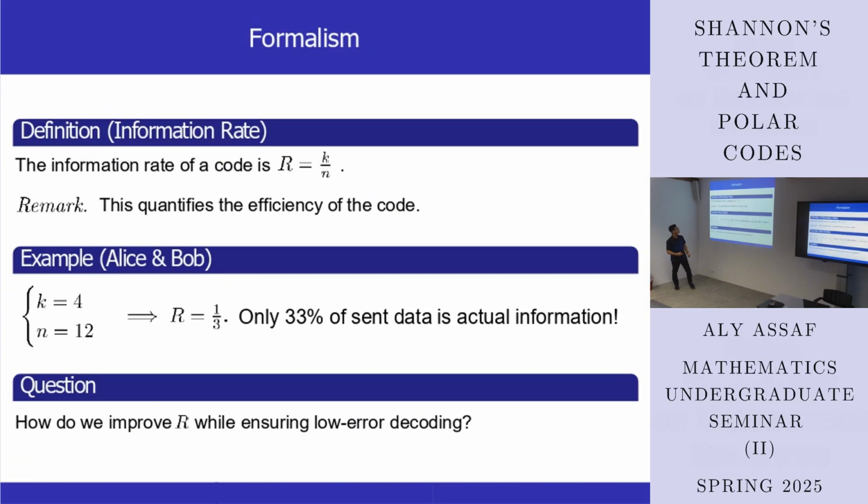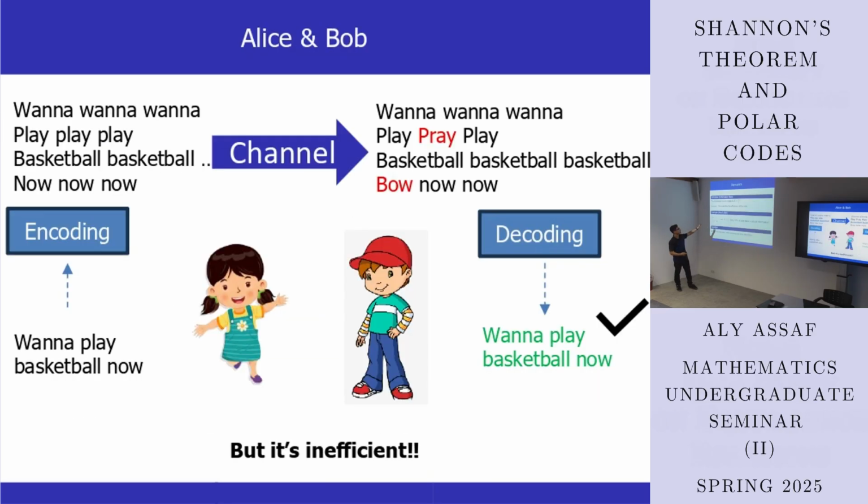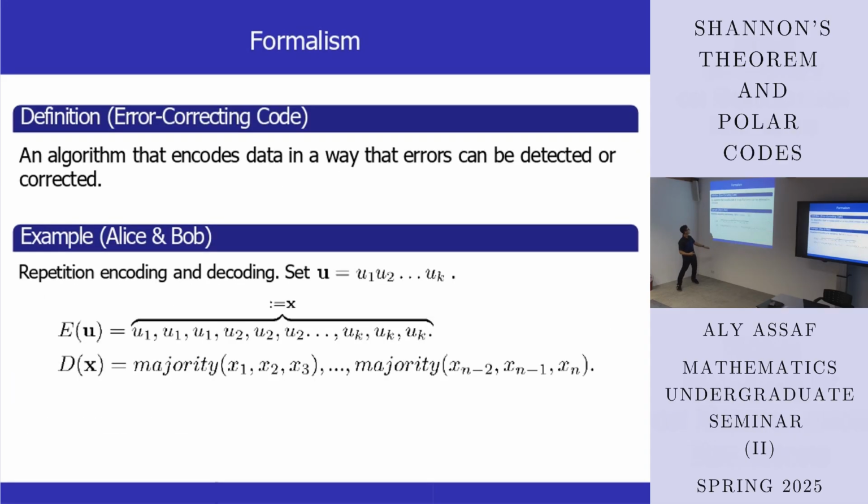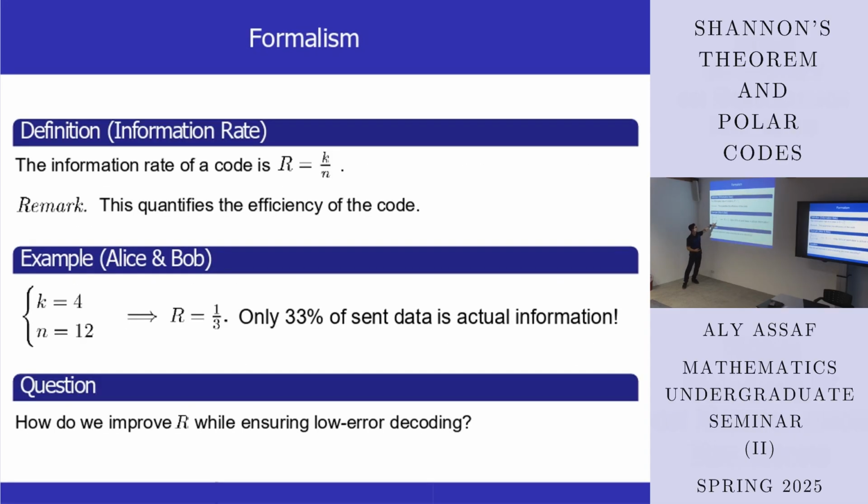So the information rate is a measure of a coding scheme of how much of this message that I'm sending through the channel is actual useful information and how much of it is redundancy, because in here we repeated it several times. So in our case, the total length was 12 symbols, and the initial was 4. Remember these two variables here, they will come in useful. K is the length of the message, N is the length of the code word.